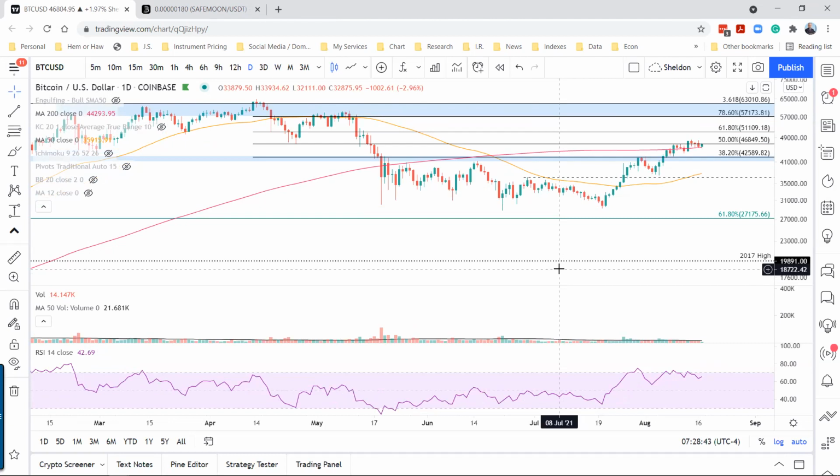If it's able to rebound from there, let's see what the strength of that rebound is, and if that rebound doesn't have any strength and Bitcoin actually breaks below that level, then I will lean even more bearish than I am right now. But yeah, it's a pivotal range.